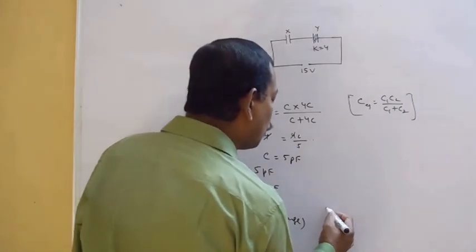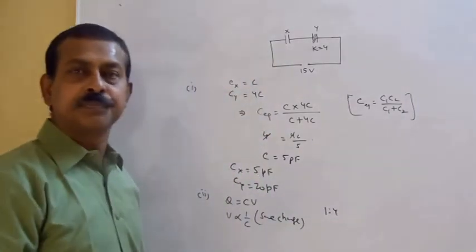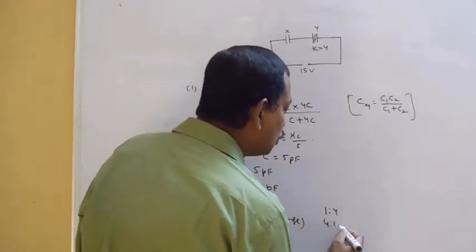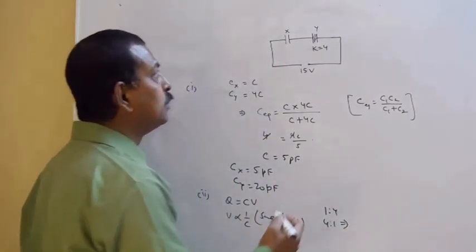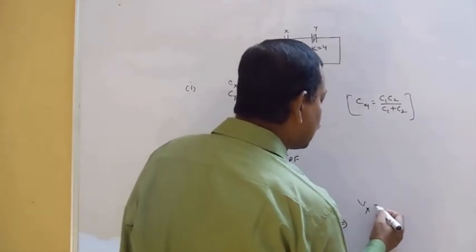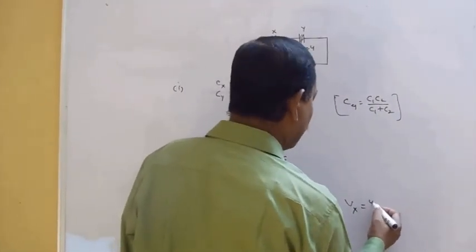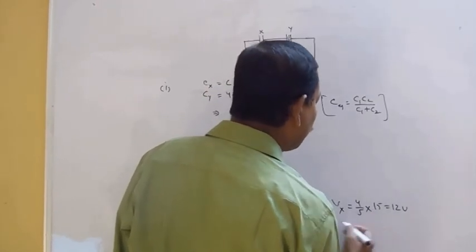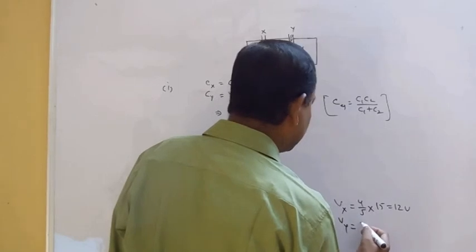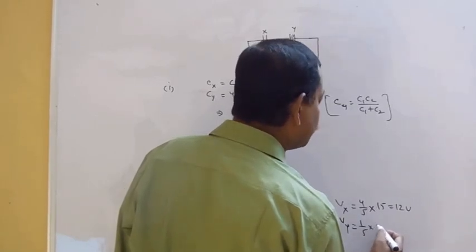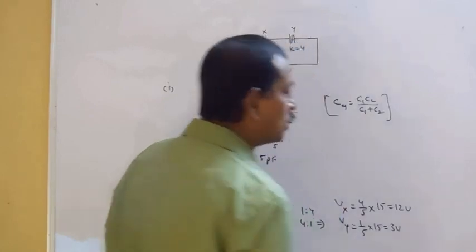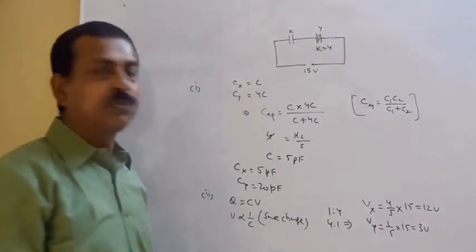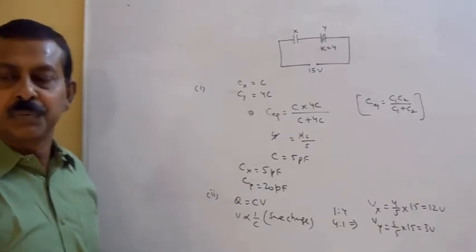The capacitance ratio is 1:4, so the potential difference ratio will be 4:1. So across X it will be 4 by 5 into 15, that is 12 volt, and across Y it will be 1 by 5, that is 3 volt. So it is 12 volt across X and 3 volt across Y.